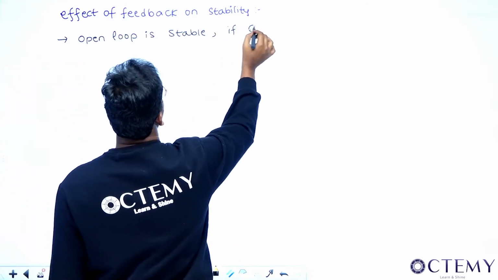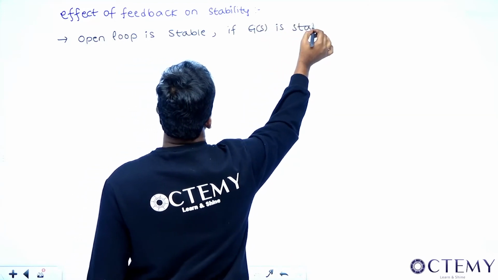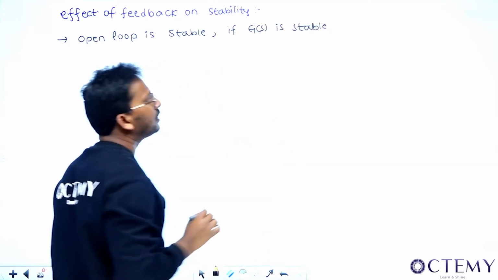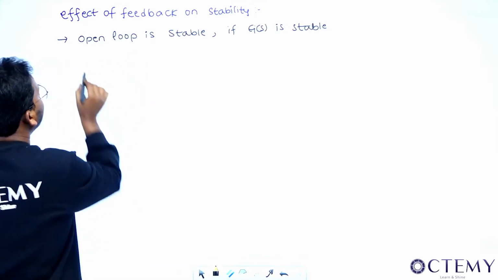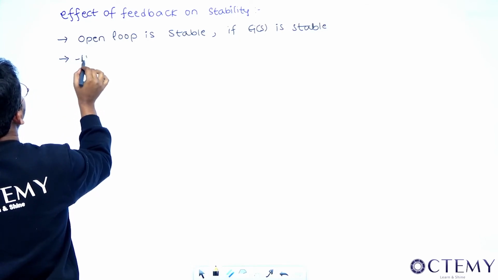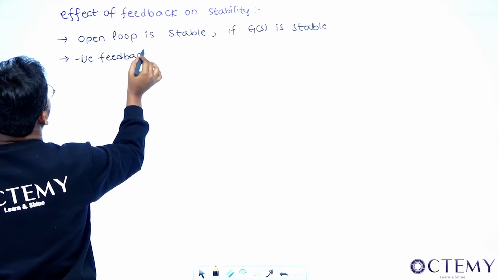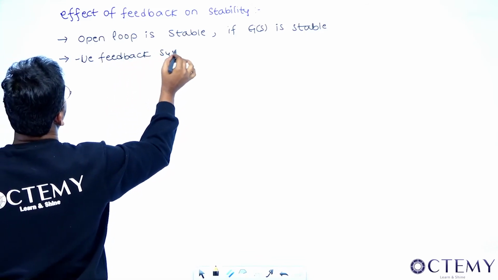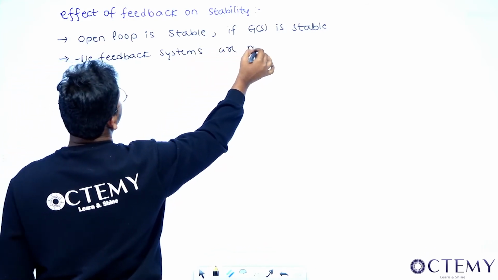If G of S is stable, then it will not have any stability problems. Right? Whereas negative feedback systems are mostly stable.